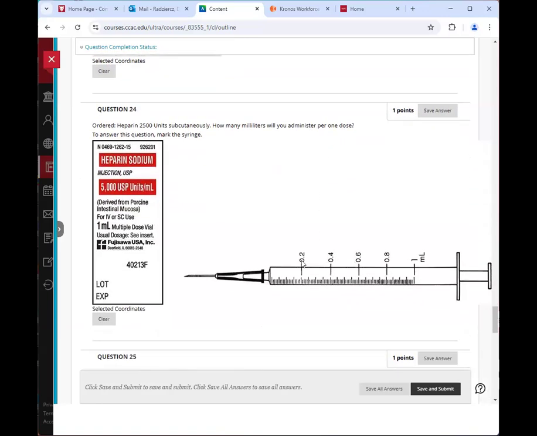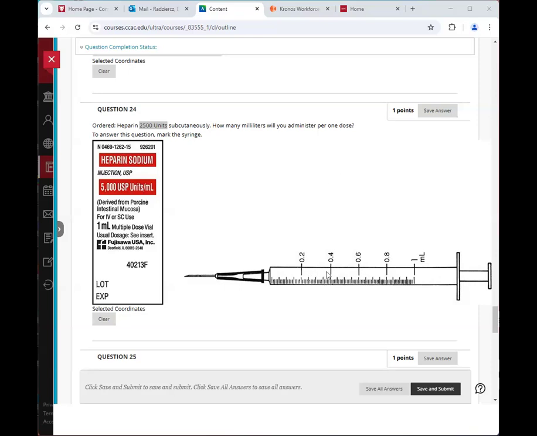For this one, this is another mark the syringe. So it tells you 2,500 units for heparin. Heparin's available in 5,000 units per milliliter. So you're just going to take the 2,500 divided by 5,000 times your 1 milliliter will be 0.5.